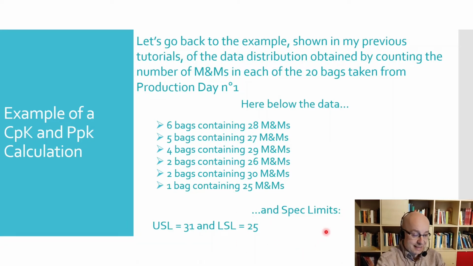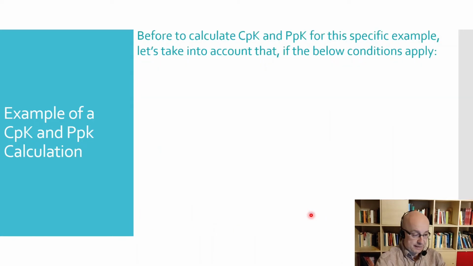This means that MMM's Corporation will consider as passing the specifications a bag containing a number of M&Ms between 25 and 31, where 25 is still okay and 31 is still okay, while if the number of M&Ms in a bag is outside these 2 limits, for example 24 or 32, it's outside of the specification limits.